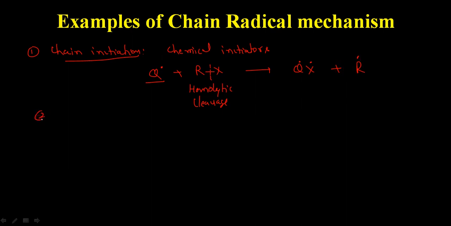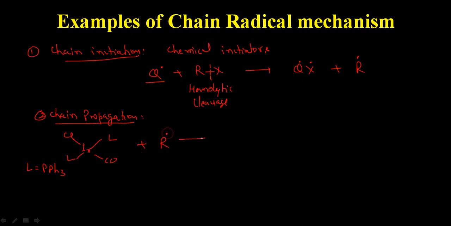The second step involves chain propagation. Now consider the Vaska's complex. We have two triphenyl phosphine groups, one CO and one Cl. So L can be triphenyl phosphine group. Now it reacts with R free radical, which is generated in the initiation step. So in this case the oxidation state of iridium is +1. In the next step, what happens?